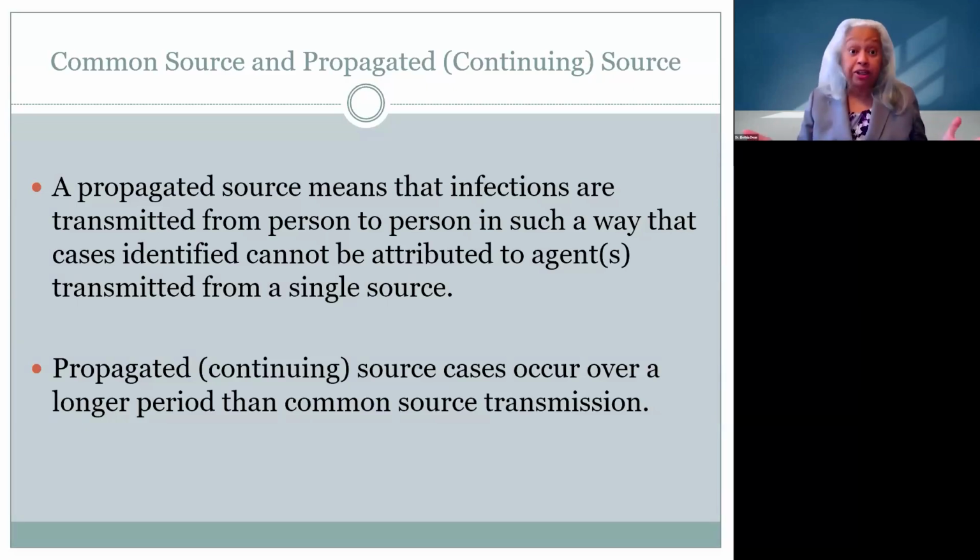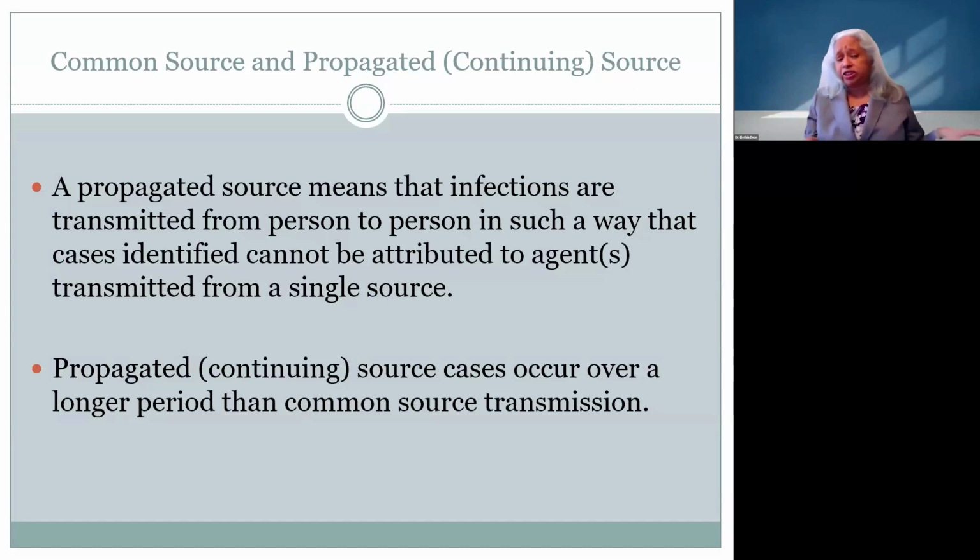Now, the best propagated source of infection that I can think of is COVID-19, right? One person caught it. They were around a family of 12. Every one of those 12 went out into the world and each contaminated 12 more, et cetera, et cetera.